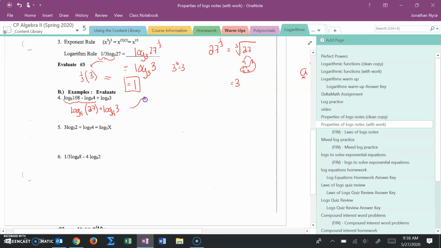Now we're adding, so we can multiply the 27 and the 3, which gives us 81, and log base 9 of 81 is 2. Remember that says 9 to what power equals 81.